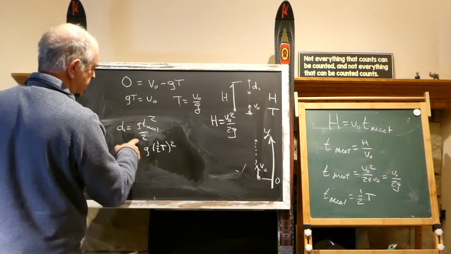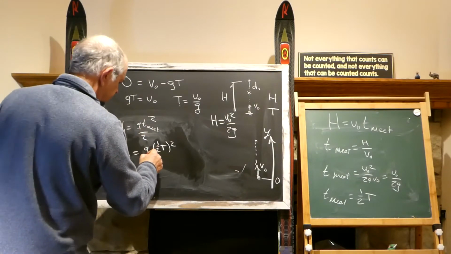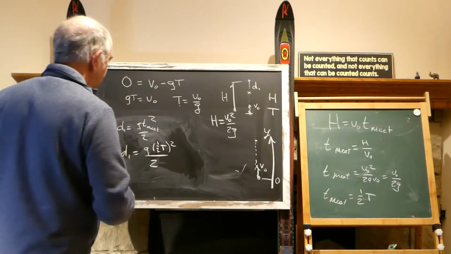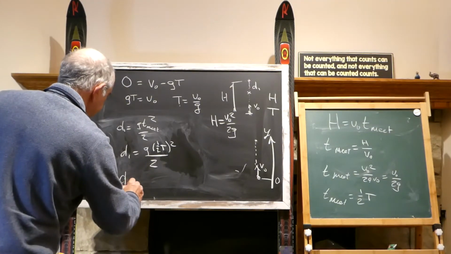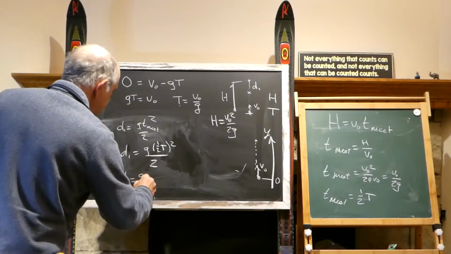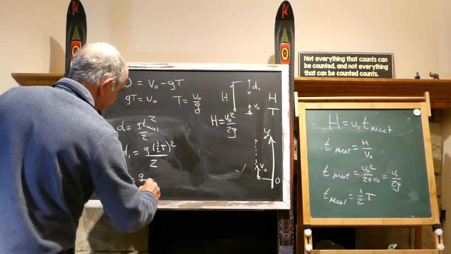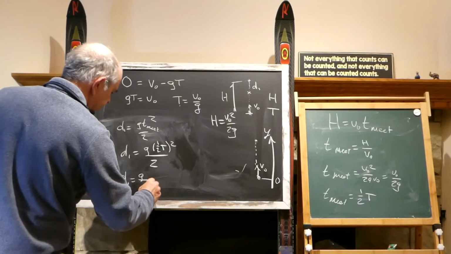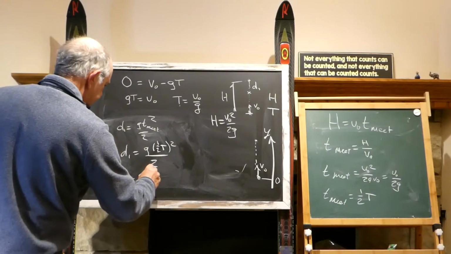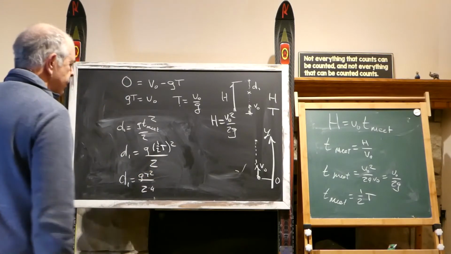Then d1 equal g, and here would be 2, 1/2, it would be 4, and then t squared.